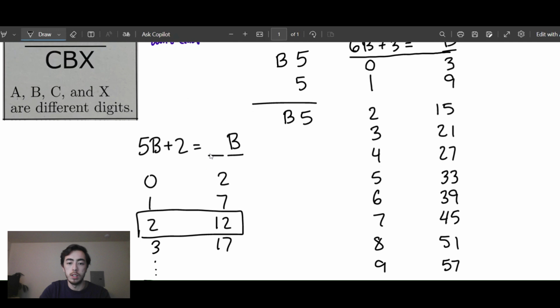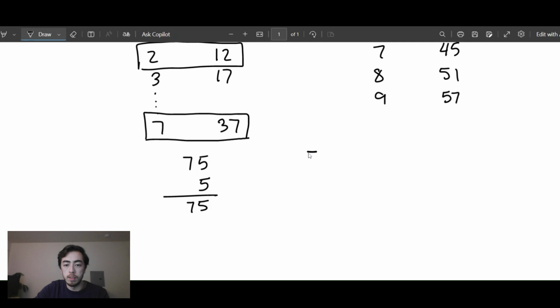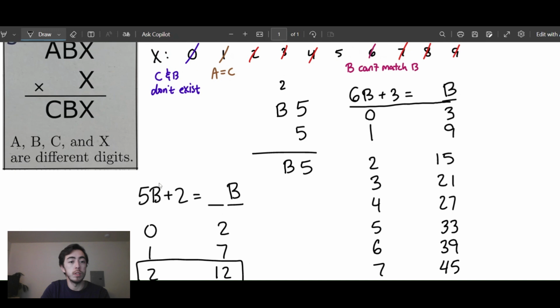So I guess below I'll put a 5, 5, 5, and then potentially a 7 and a 7 could match, or a 5, 5, 5, and then maybe a 2, 2 could match. And let's see what A and C are going to be. And these have to be distinct digits.